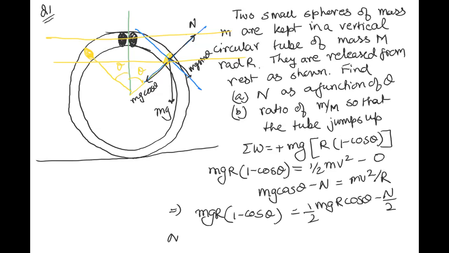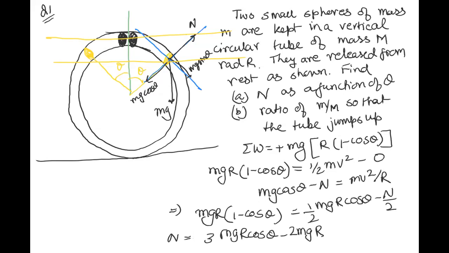So therefore n is equal to mg into 3 cosine theta minus 2.